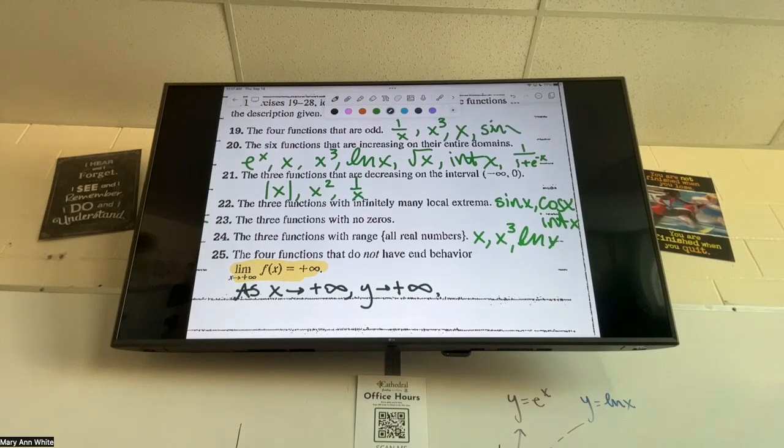Natural log. Natural log does end going up, just a little slower. No, that one ends going high. Reciprocal, yeah, because reciprocal ends going towards 0. We're not ending up. What else doesn't end up? Identity does end up.